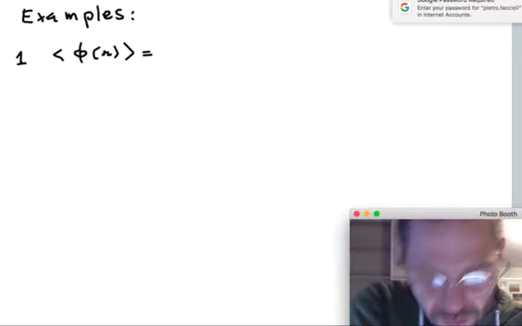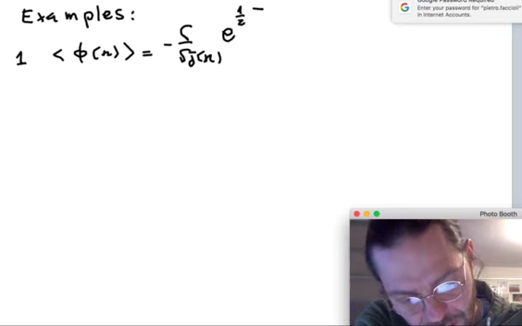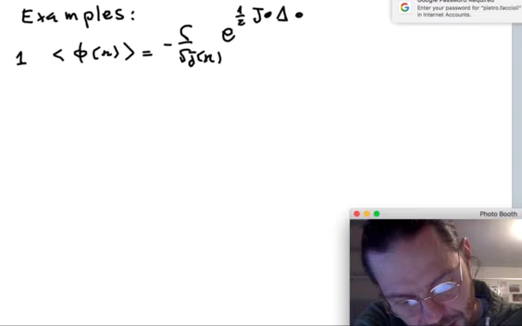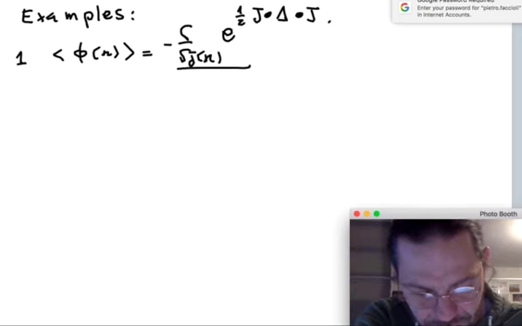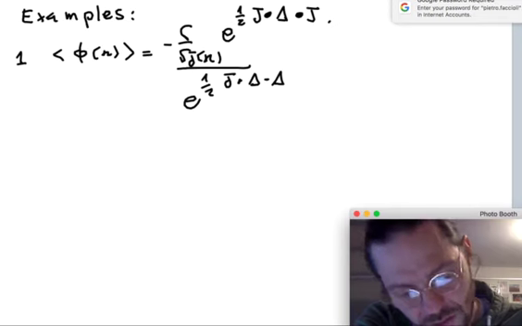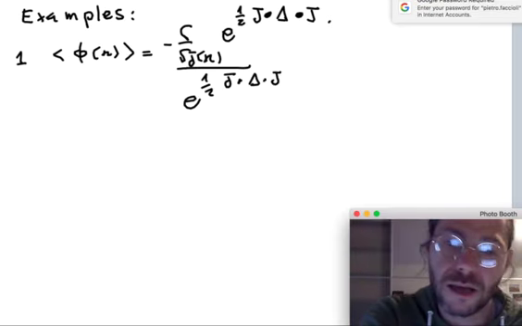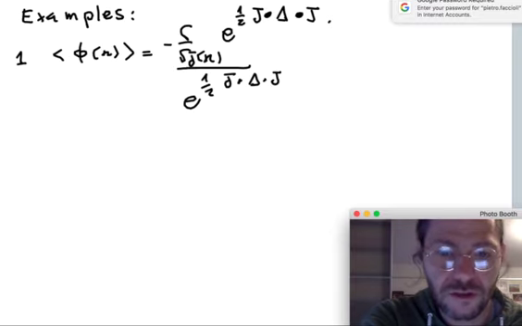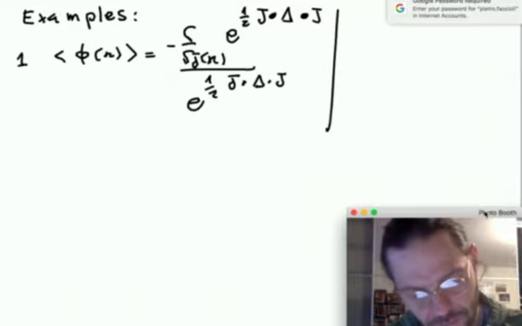To get a magnetization, all we need to do is to take the negative of the derivative with respect to the source in a point of e to the 1/2 J delta J and divide by itself, e to the 1/2 J delta J. Notice that I did not include the partition function at zero source because it appears in the same fashion upstairs and downstairs. At the end of the calculation, we should remember always to set the sources to 0.